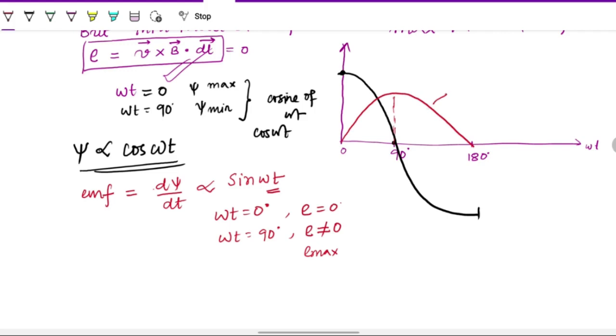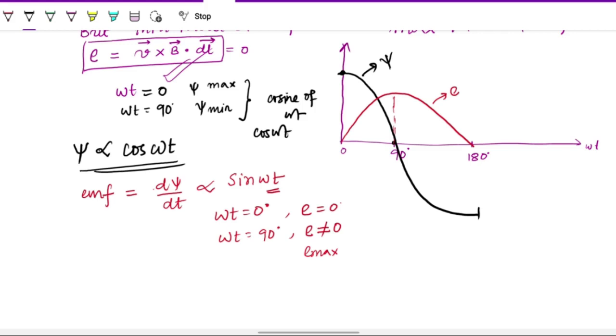So this will be the variation of EMF with respect to omega t, and this black one is the variation of flux linkage with respect to omega t.